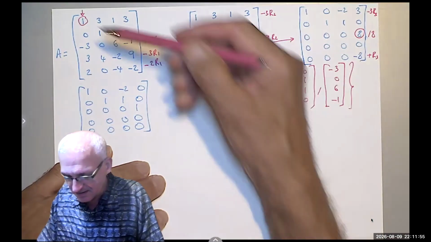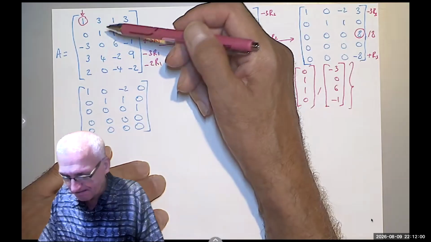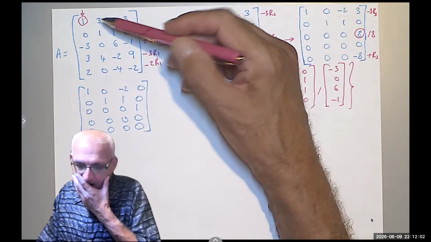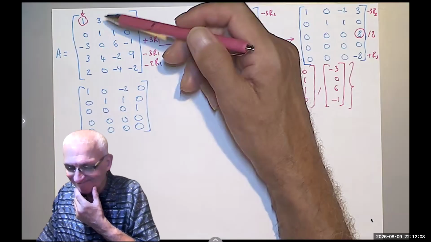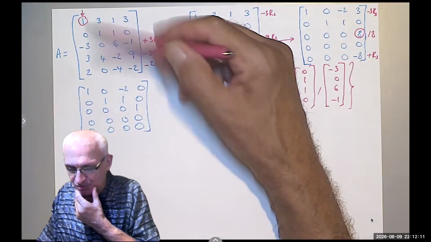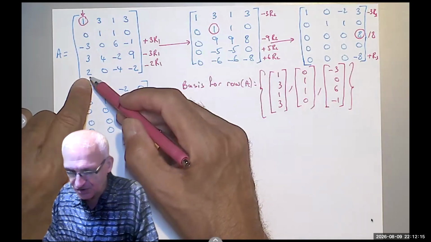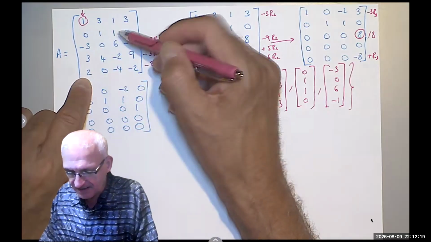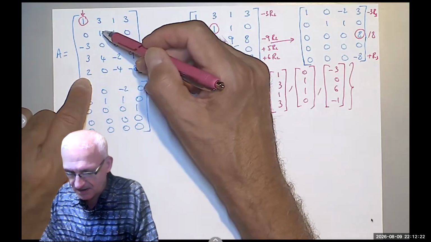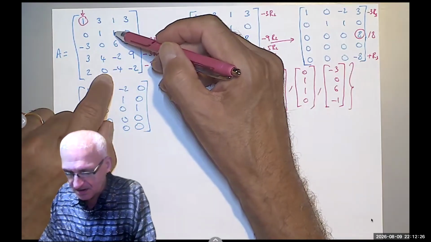If I multiply this by 3 and subtract, let's see. No, that has to be times 2 since this is a 2 and this, no, not necessarily. The 1 minus -3 is 2. And when I multiply that by -3, it would be 3 minus 3 plus 0 is 0. 3 minus 1 is 2.